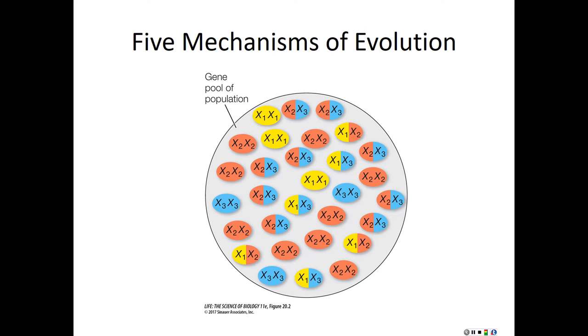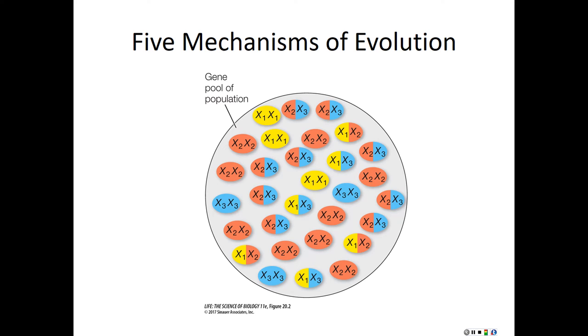Fourth, something called gene flow, and I, of course, will be talking in more detail about each of these. And 5, sexual selection. Okay, so these are the 5 mechanisms that can cause evolutionary change, that can cause a change in allele frequency in a population from one generation to the next.